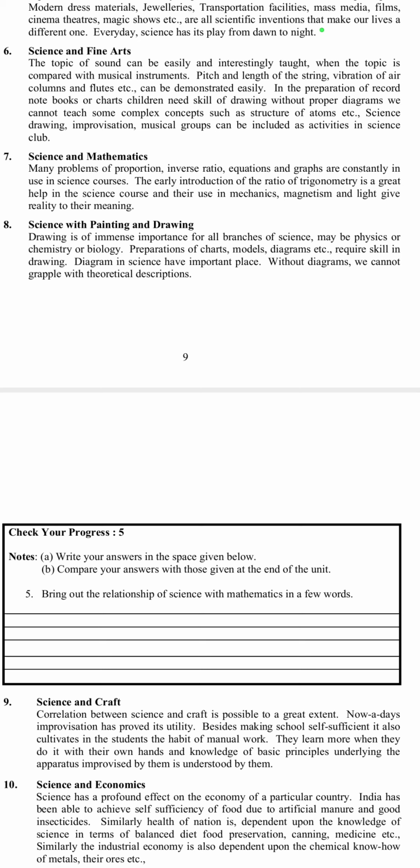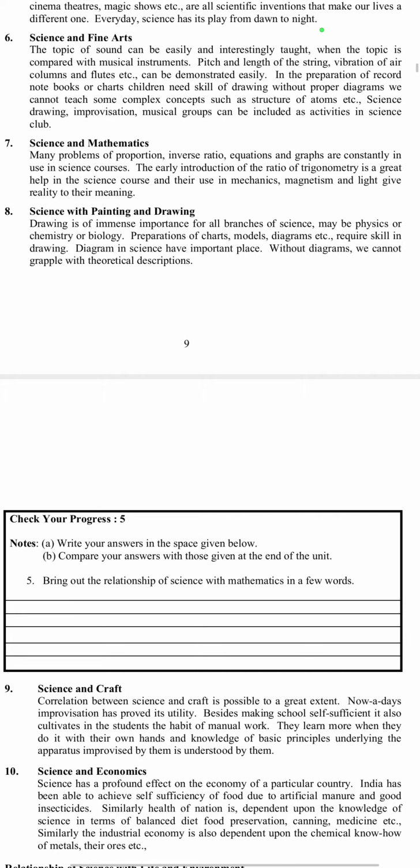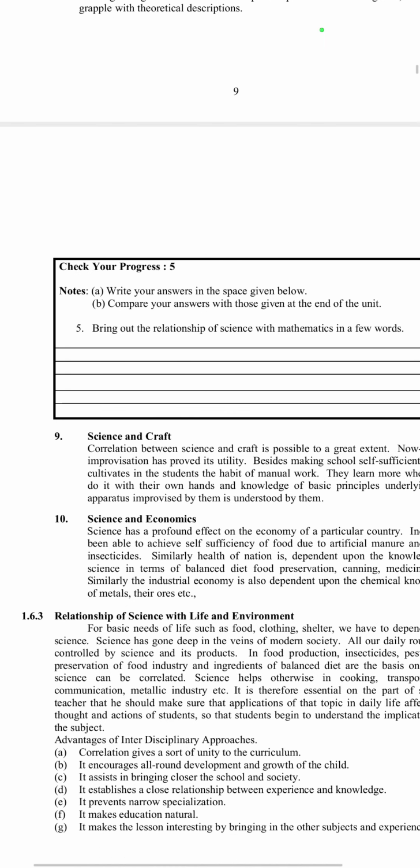So basically, in scientific explanation, a person, child, or even student can learn more if there is painting or drawing. If the student can visualize what you are saying, they will learn more easily. So that's why science has a correlation with painting and drawing.